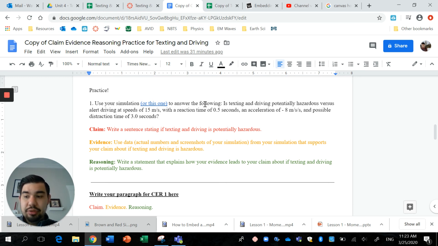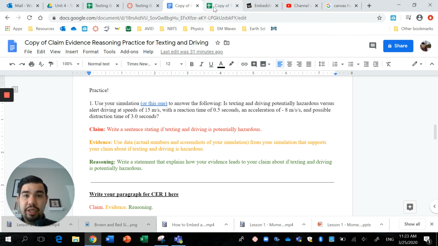So we entered all those numbers in. You can determine if those numbers produce a total distance traveled that is dangerous. Think about a realistic scenario, like if you're driving in the parking lot of the school, how far might a pedestrian realistically be away from you?